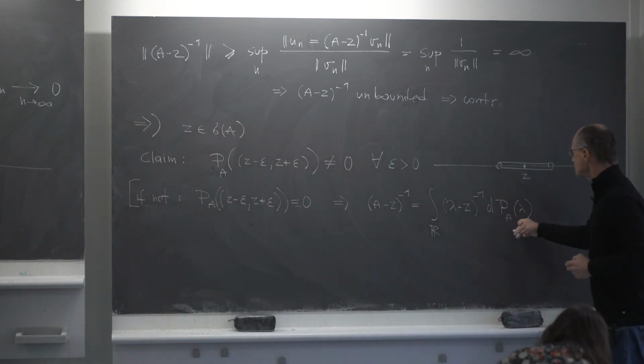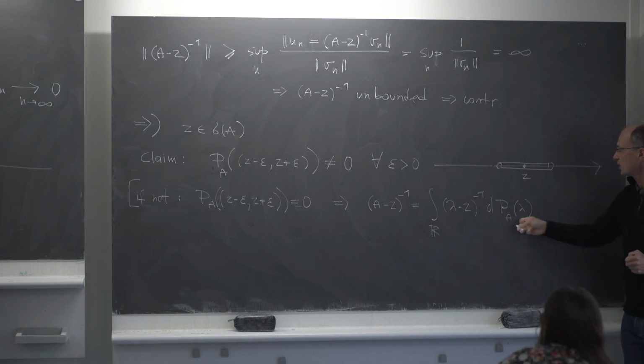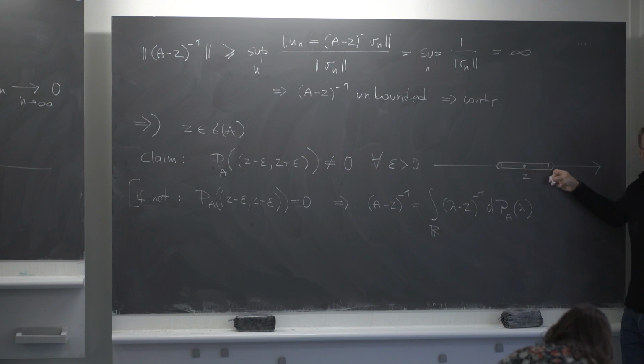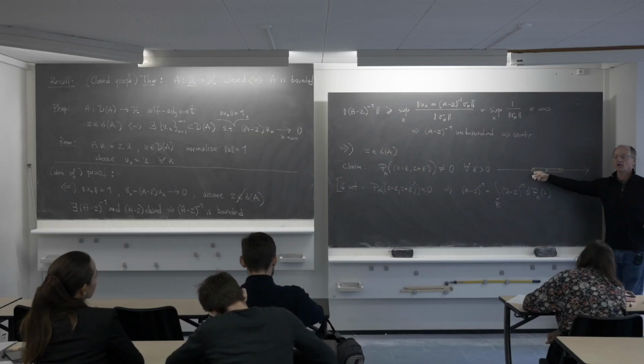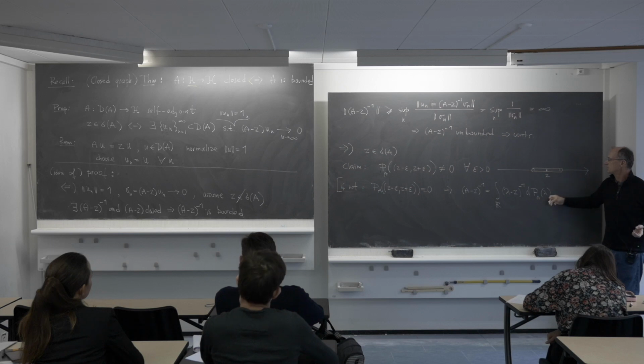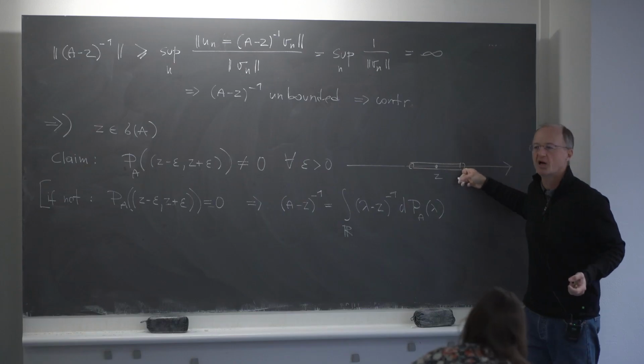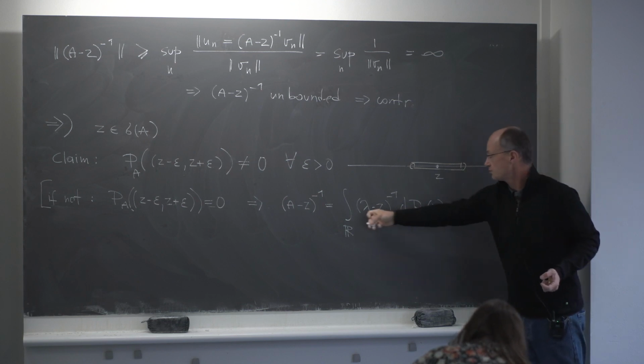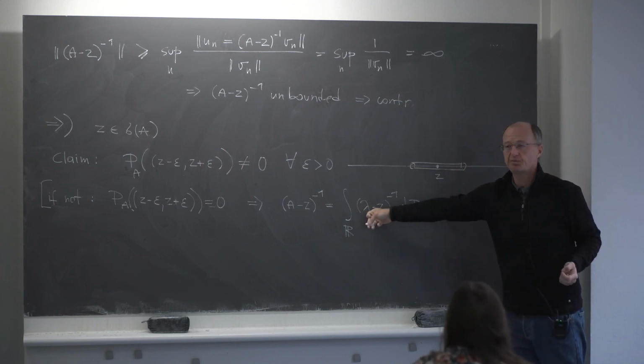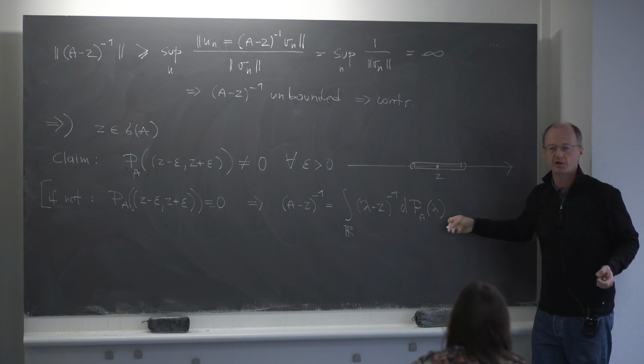So then you see what happens. This projection-valued measure, this PA of lambda, doesn't change here. So when I define my integral using the Riemann sums, there will be no contributions from this part. And this means that this function is actually bounded on the support of the measure.